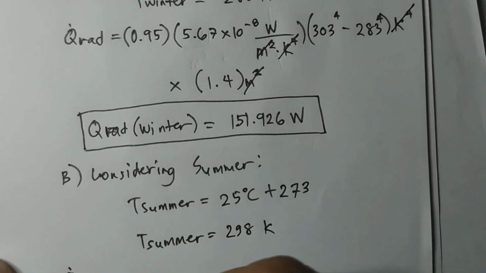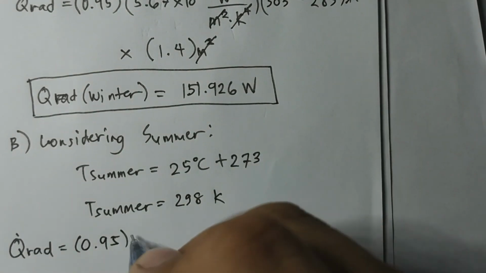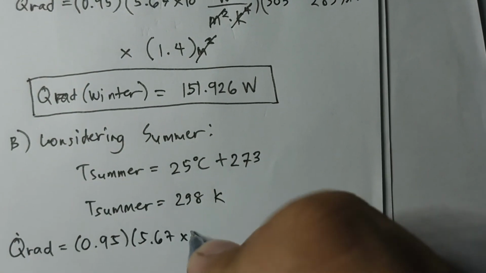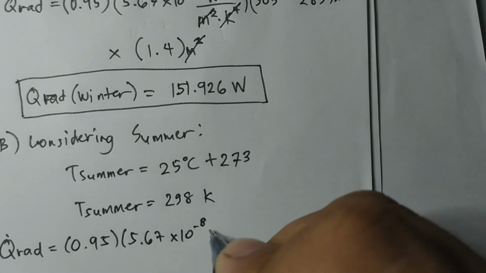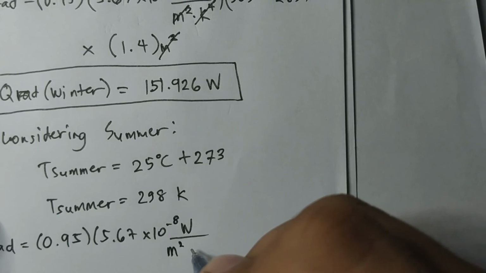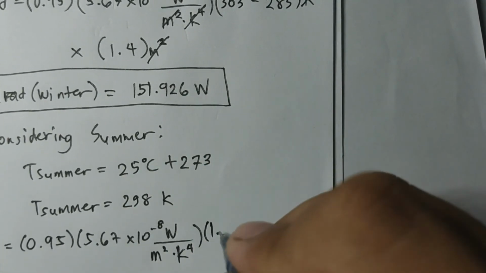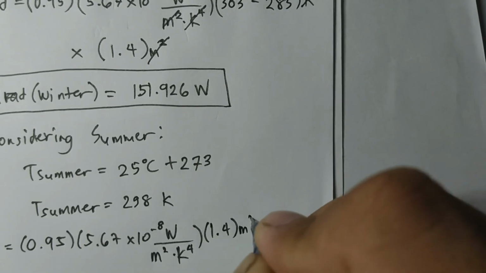Then we go back, siyempre sa equation din ng Q-rad. 0.95 yung emissivity mo. Multiply siya sa 5.67 times 10 raised to negative 8 watts per meter squared K to the 4th. So, lagay natin agad yung area 1.4 meter squared.